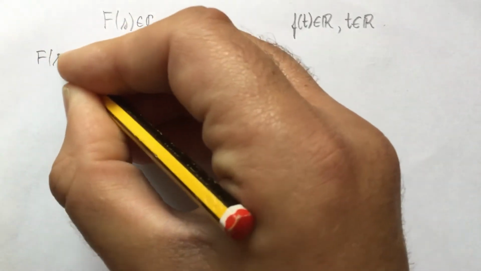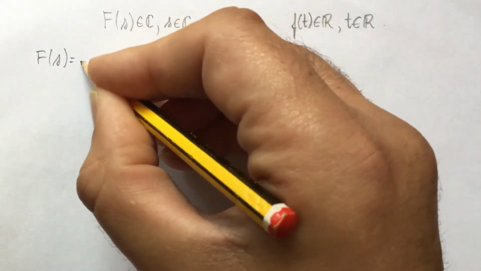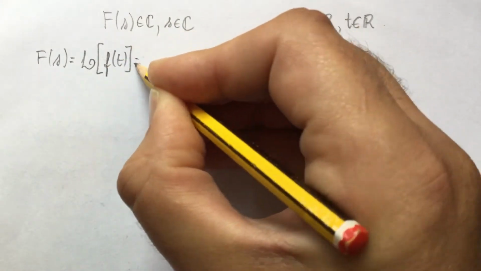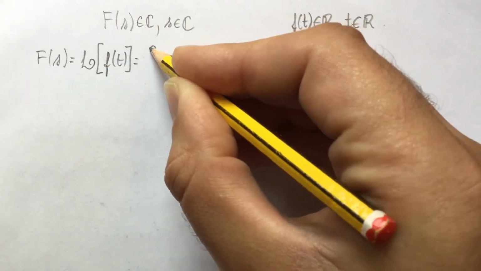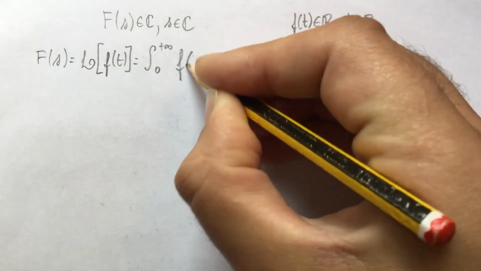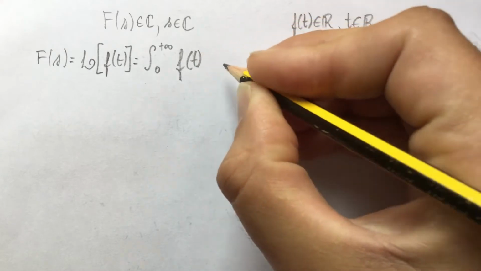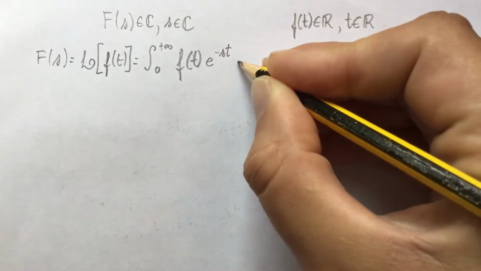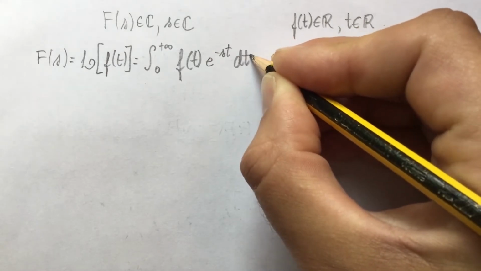This Laplace transform F of s, also denoted by L of f of t, is given by an integral. So it is an integral transformation. Here we have f of t, and this exponential here is the kernel.